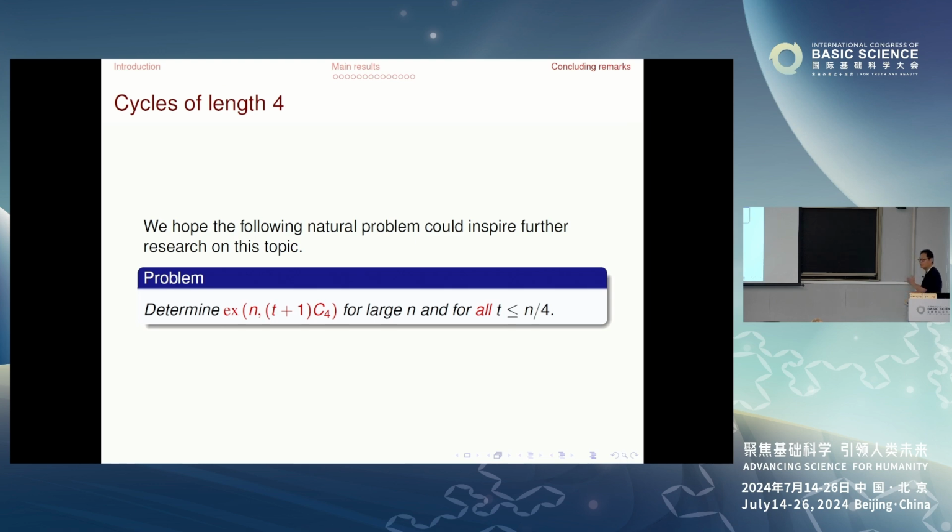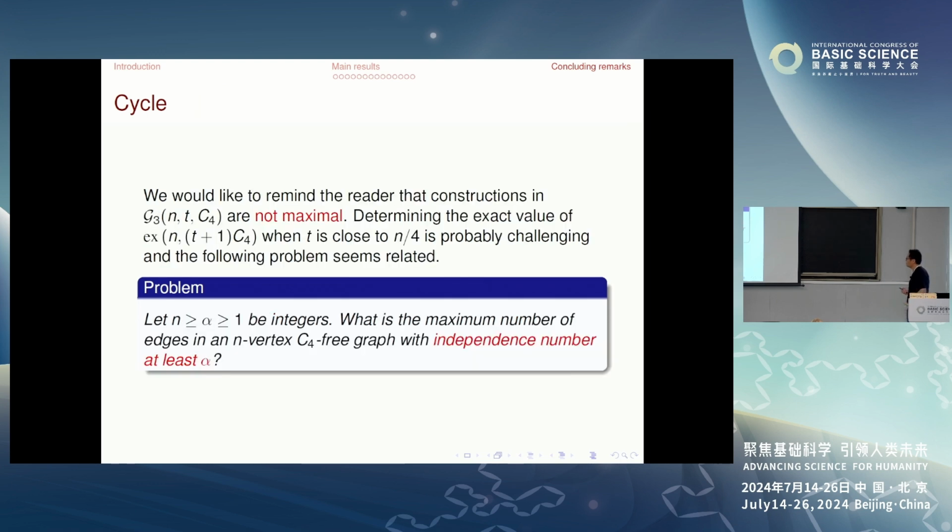And the simple one. As we have given the three graphs, the G3 is not maximal. In fact, you can construct a graph with more edges than G3, which has no t plus 1 vertex-disjoint copies of C4.